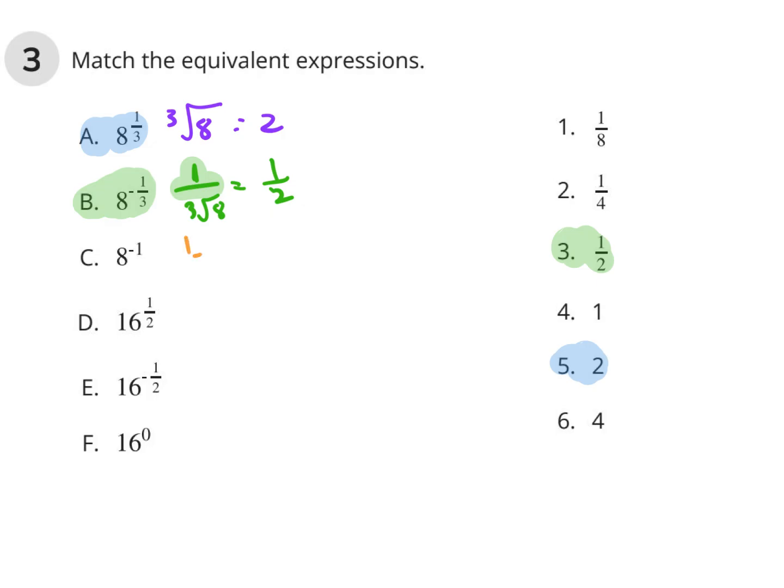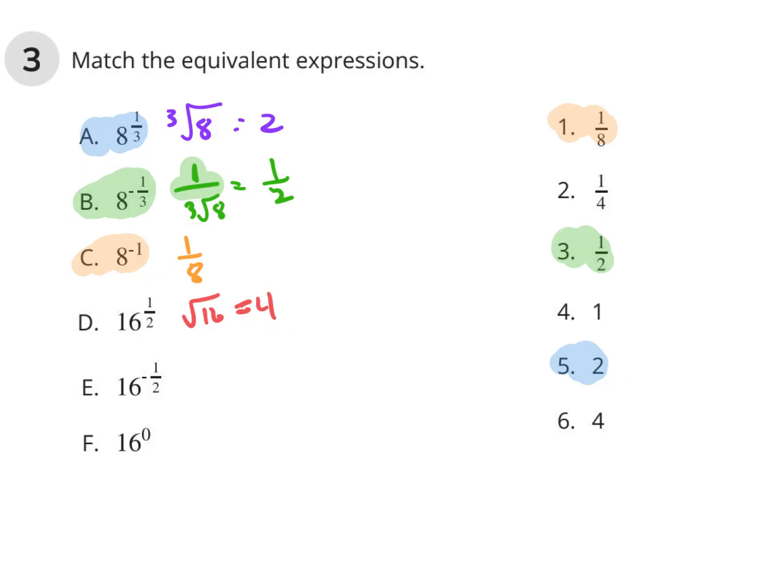Eight to the negative 1 is 1 over 8. C goes with 1. 16 to the 1/2 is the square root of 16, which is 4.